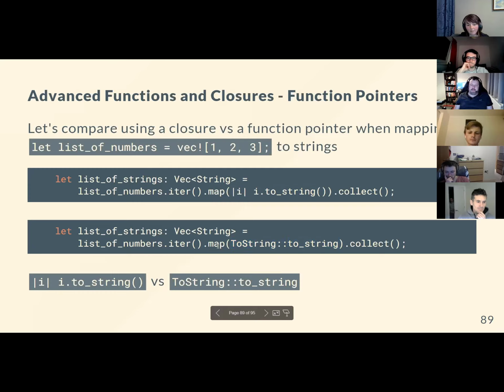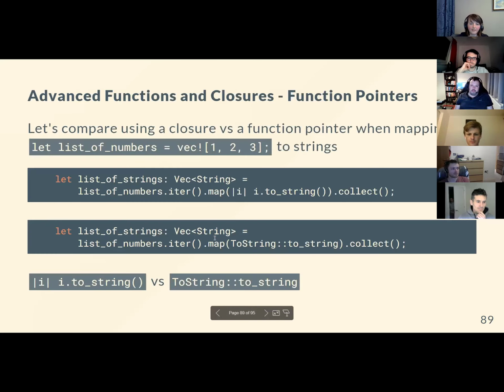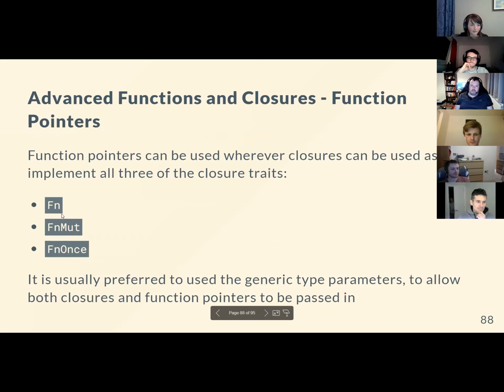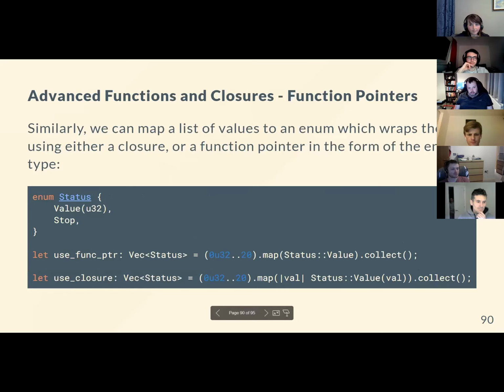Our map function will have been implemented using that generic type, which implements the trait FnOnce, and that way it can take both of them. Sorry, not FnOnce, it would have had to have been Fn. That's the only difference in terms of the calling code.